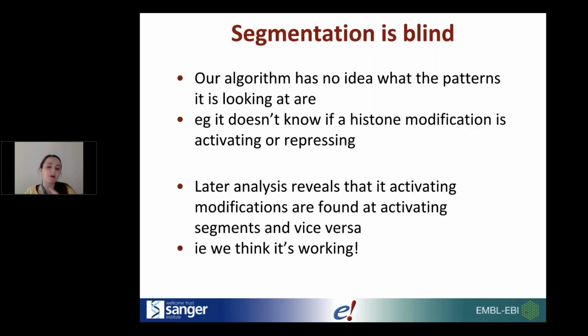Later analysis, when we go through this afterwards, we find that we are getting activating modifications at activating segments and repressing modifications at repressing segments. So it's proving that this algorithm, even though it's doing it by machine learning, even though we're not telling it what to think, is actually thinking very sensible things. We believe that it is working properly.